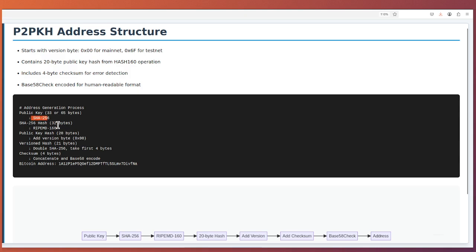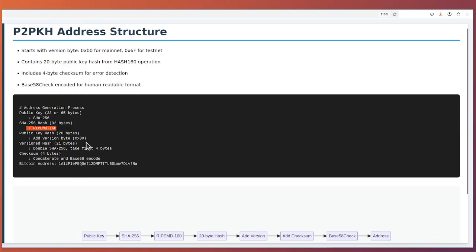The SHA-256 algorithm produces a 256-bit hash output. We then take this SHA-256 hash and apply RIPEMD160, which reduces the hash to 160 bits or 20 bytes. This two-step hashing process is called hash 160 in Bitcoin terminology.